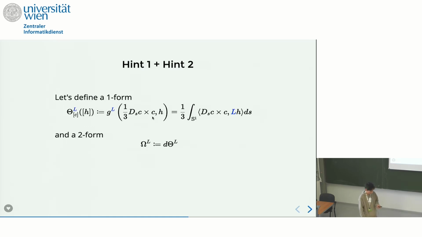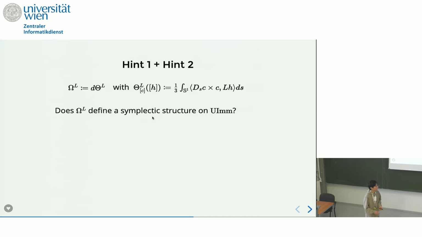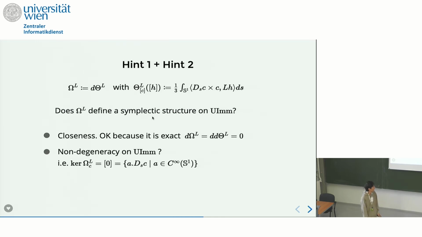The question is, is this really a symplectic structure on shape space? Remember, we needed two things: closedness and non-degeneracy. Closedness is automatic because it's exact. What about non-degeneracy?